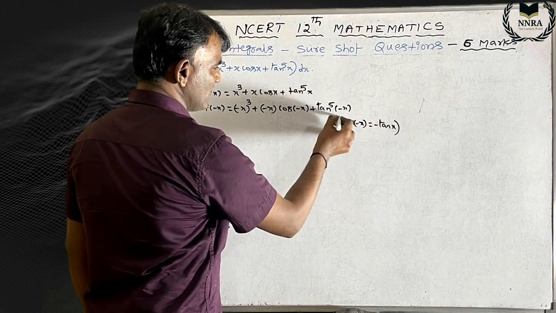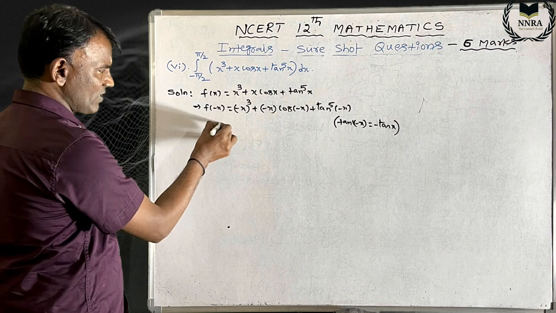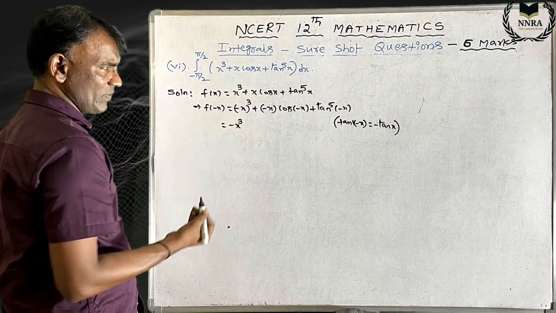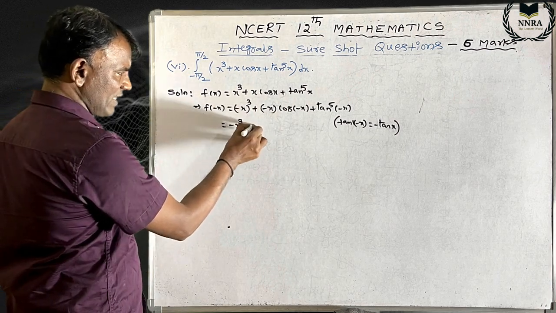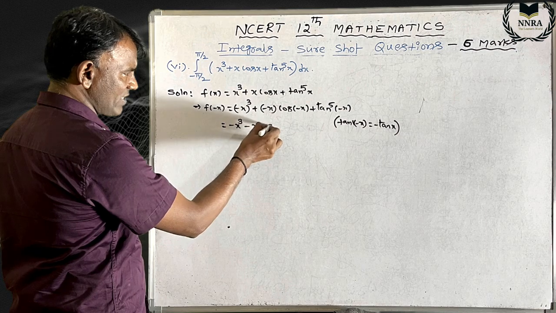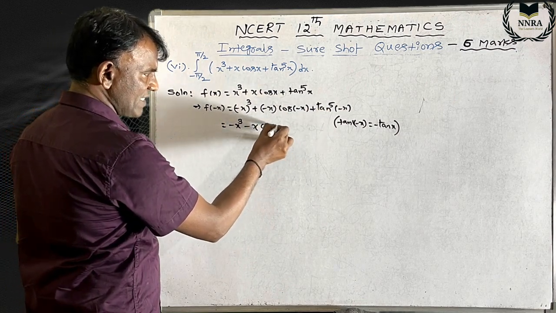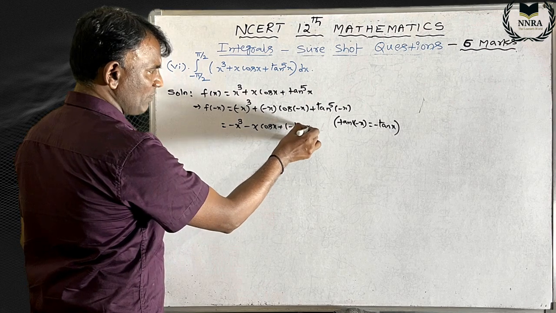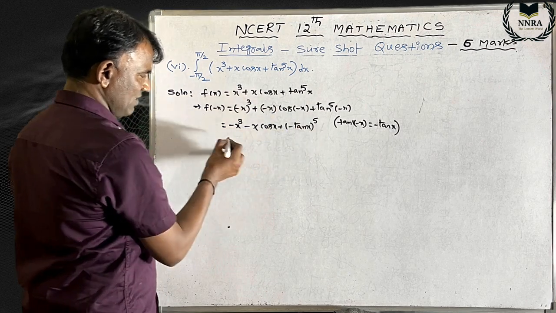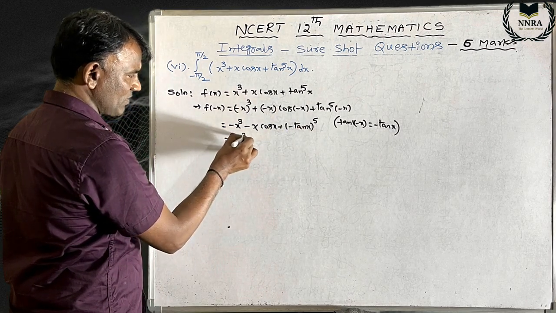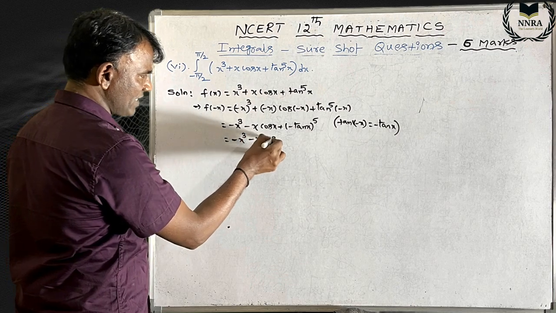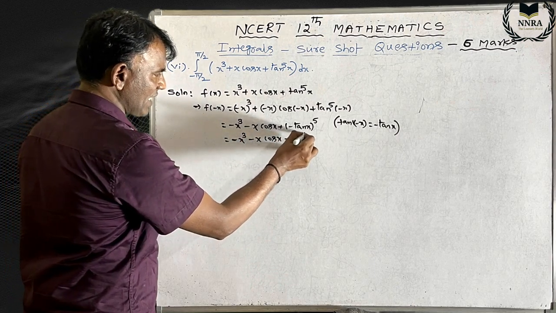So this is the formula. And (minus x) whole cube is minus x^3, plus into minus, minus x, cos of minus x is cos x. Then how to write this one? (Minus tan x) whole power 5, that is minus x^3 minus x into cos x, then minus tan^5 x.